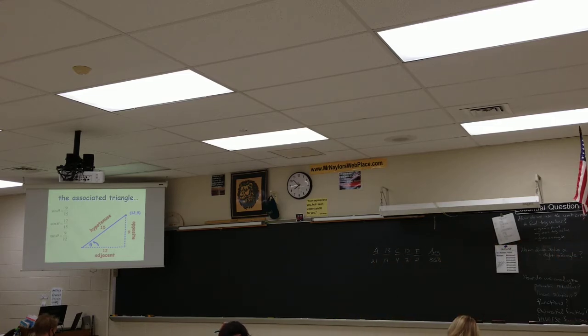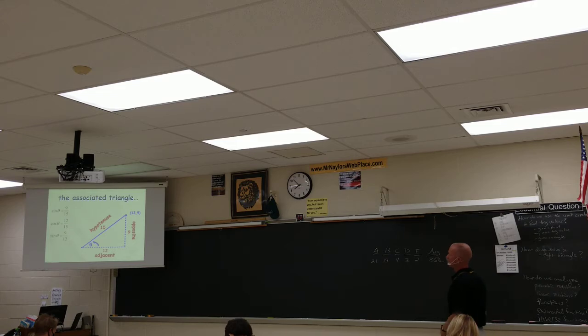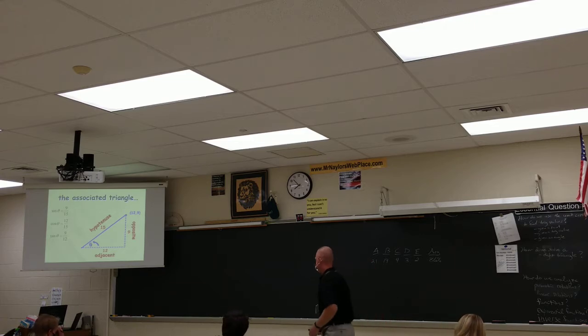So you've got the hypotenuse. You've got the side opposite. And then you've got the side that's adjacent. And this will always work for right triangles.